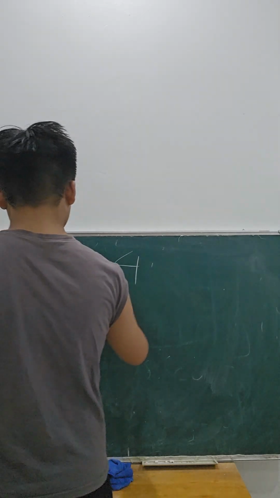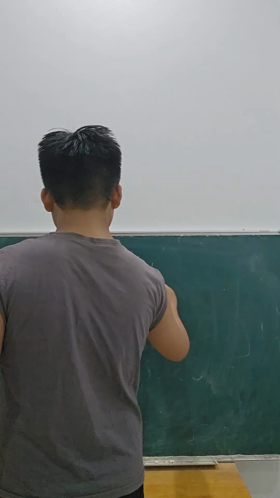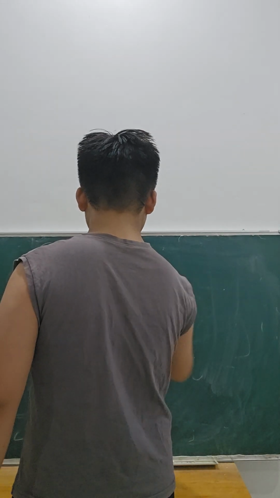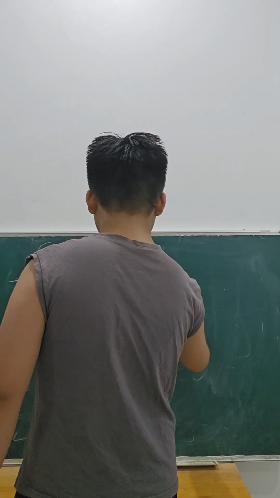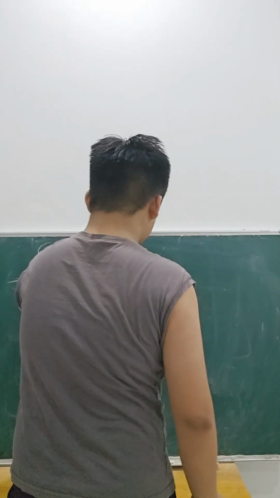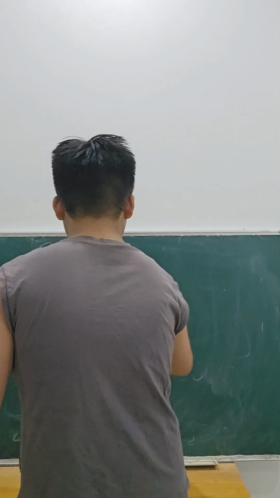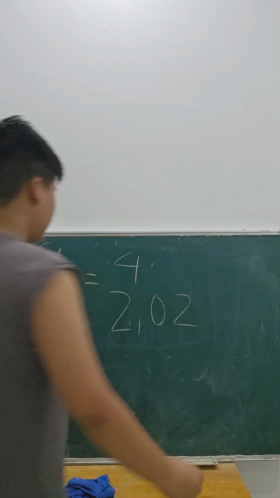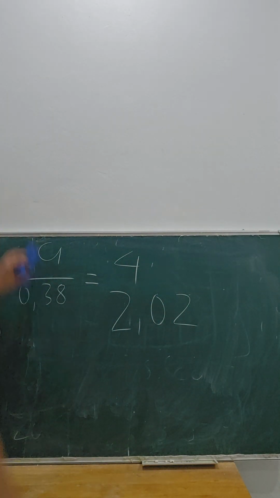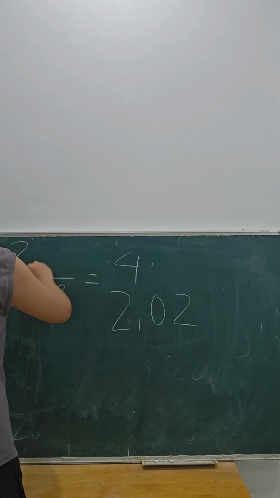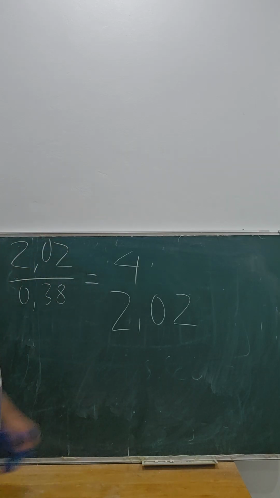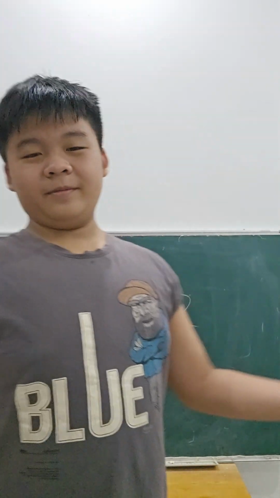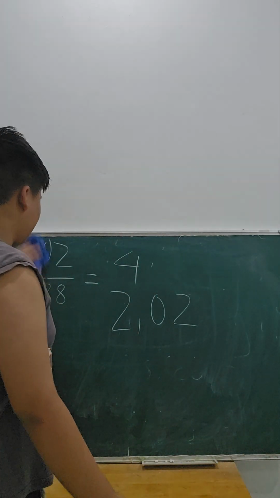So you'll get 202. That means the number above will be 202. Very simple math problem, alright? But let's make it a little bit harder.